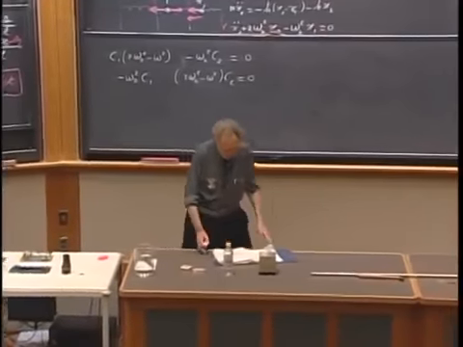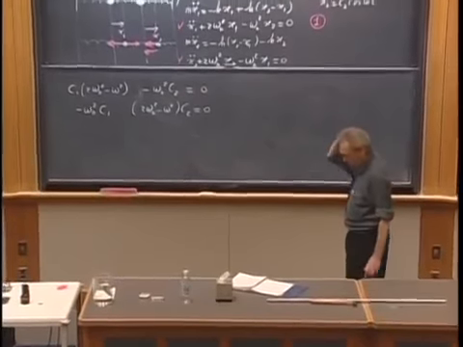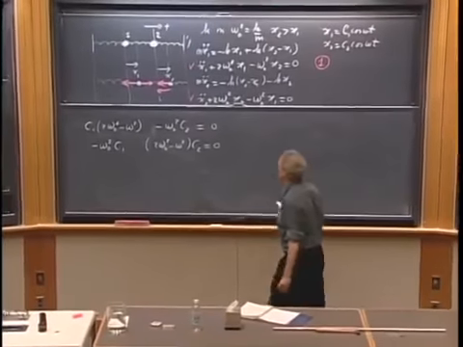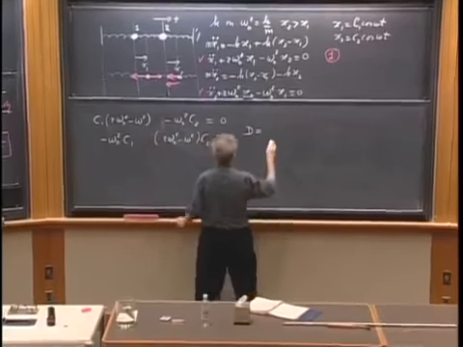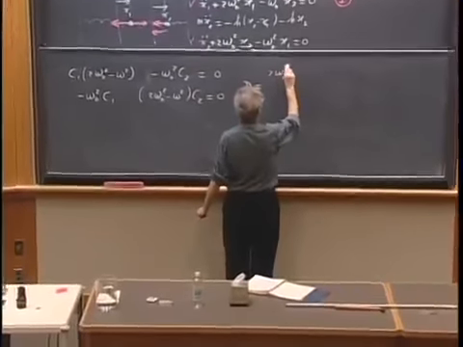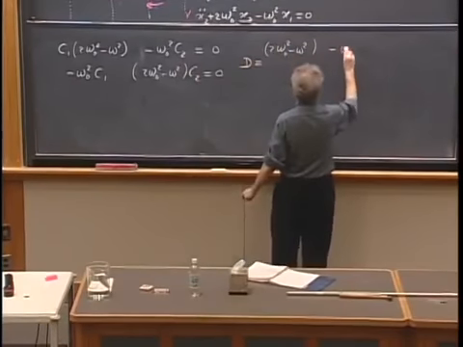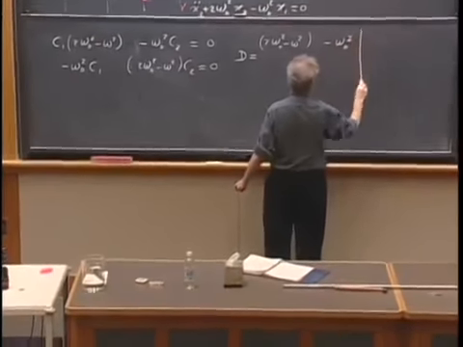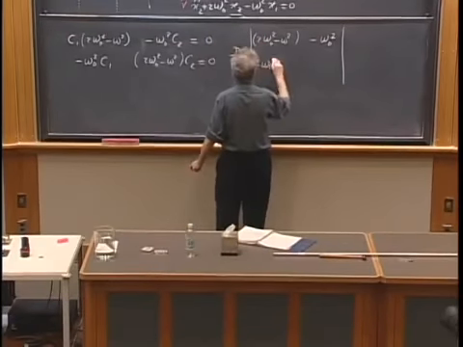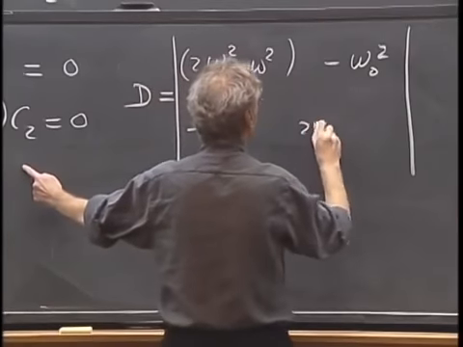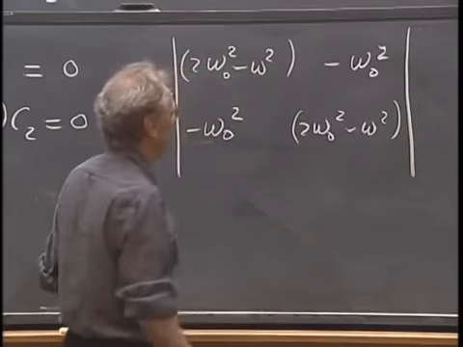So now you may do that any way you want to. This is not so difficult to solve. I will, however, use Cramer's rule, and I will introduce a D, which is the determinant of the following: 2 omega 0 squared minus omega squared, and then I have here minus omega 0 squared, and then I have here minus omega 0 squared, and here I have 2 omega 0 squared minus omega 0 squared.